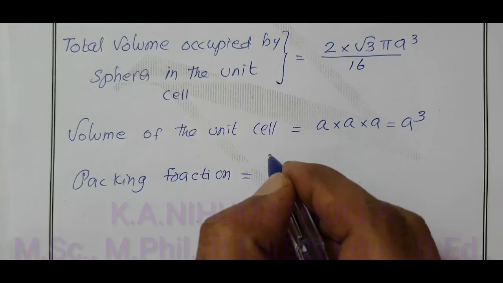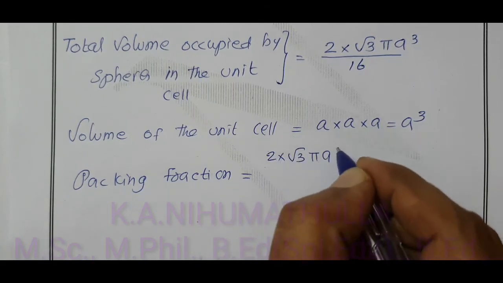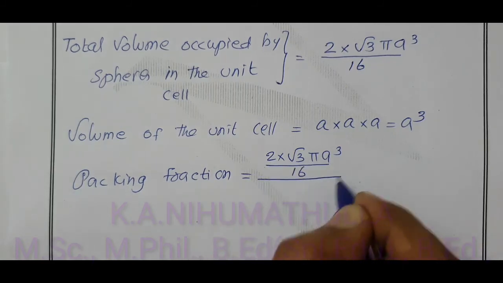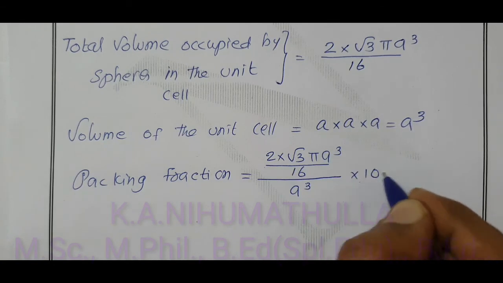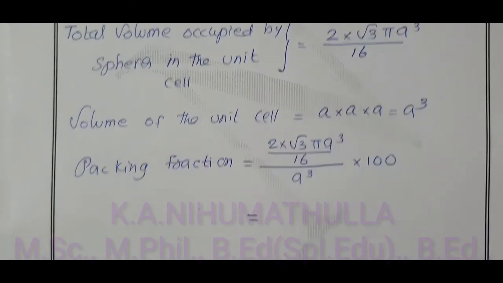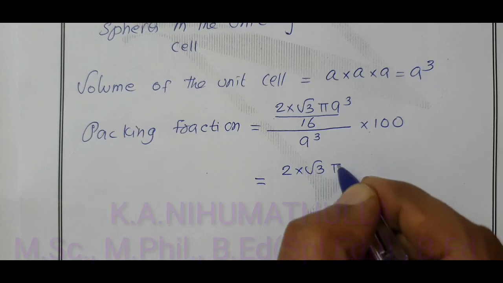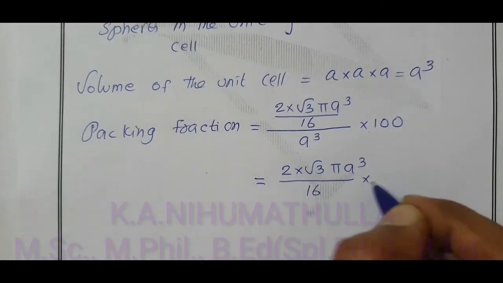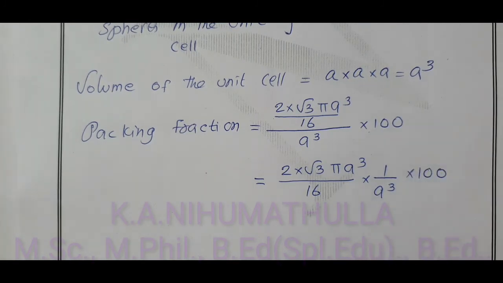Numerator is 2 into root 3 pi A cube by 16 whole divided by A cube into 100. Bring the A cube to the numerator. Now it becomes 2 into root 3 pi A cube by 16 into 1 by A cube into 100.